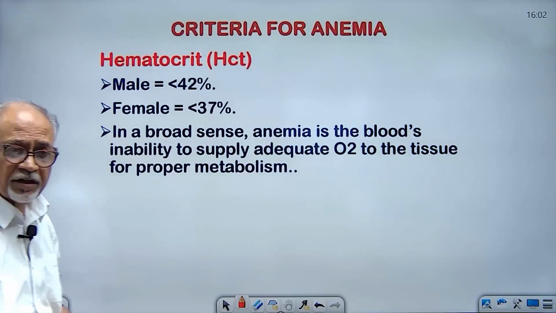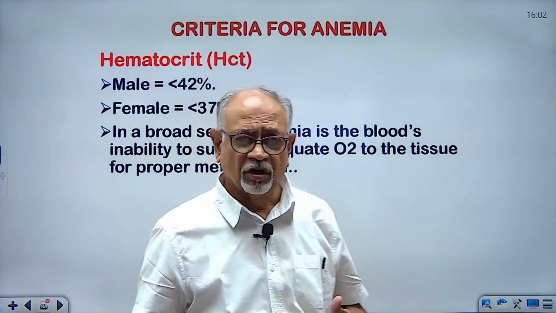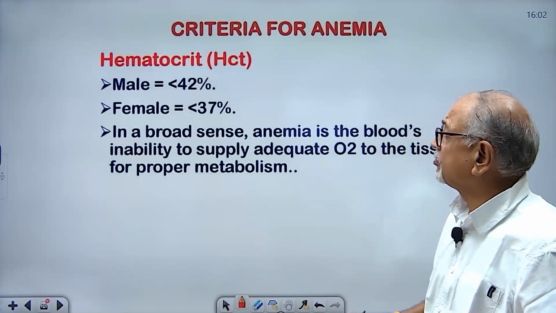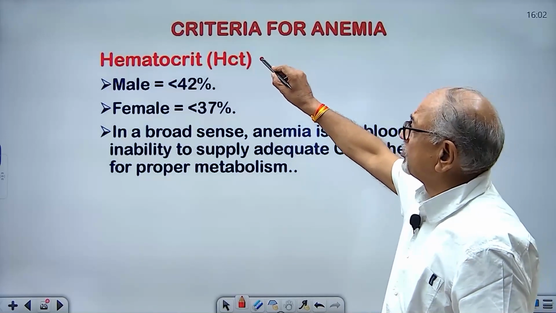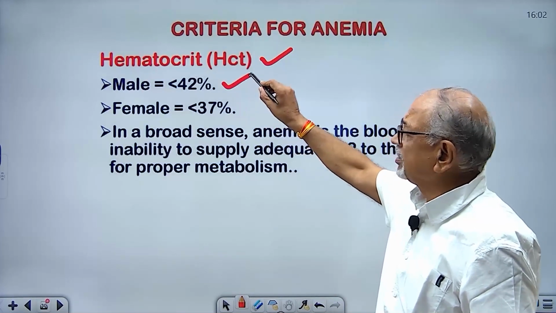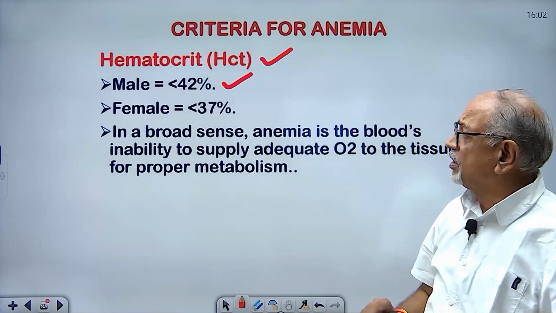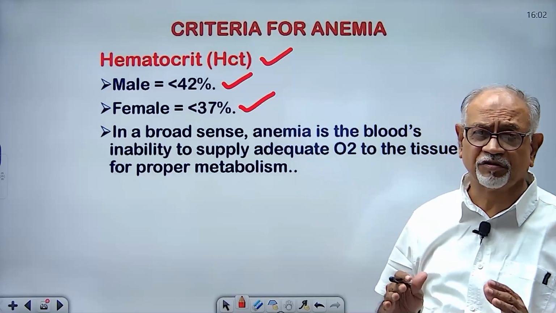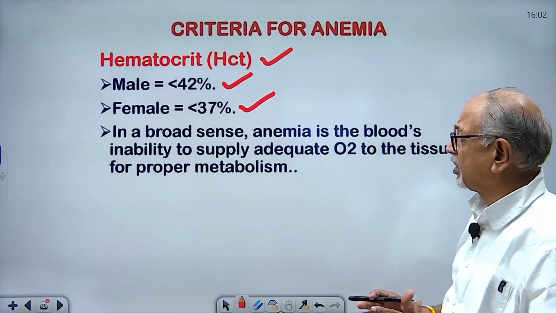Now, another criteria for diagnosing anemia is the hematocrit value. If it is less than 42% in male, if it is less than 37% in female, it is considered an anemic condition.